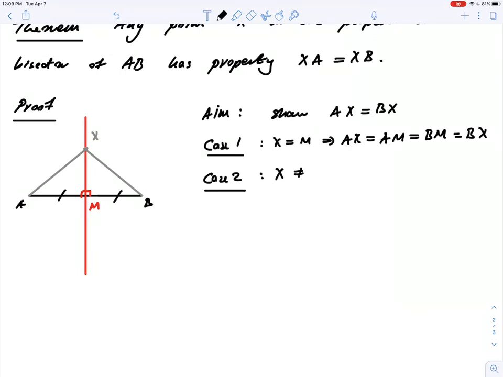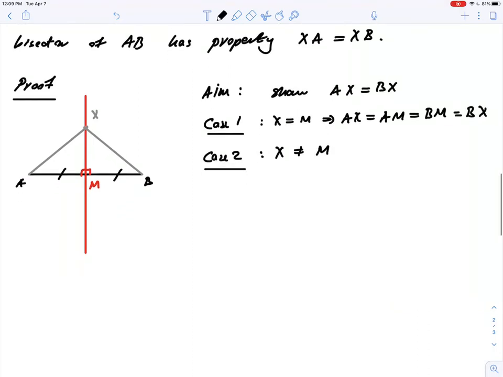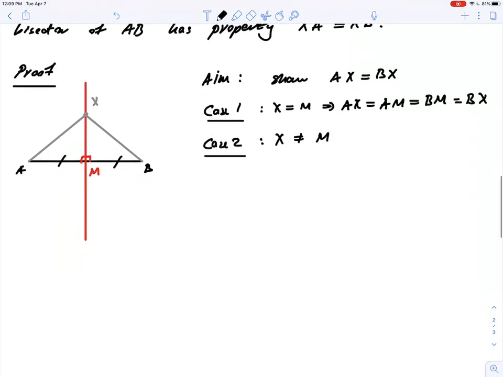So now we're going to have to do actual congruent triangle business. So let's first of all observe that AM is equal to MB. Okay, so this is the hypothesis really, because we're starting with a perpendicular bisector.